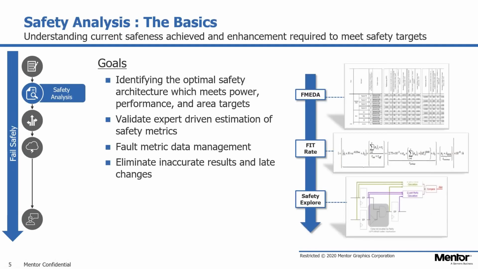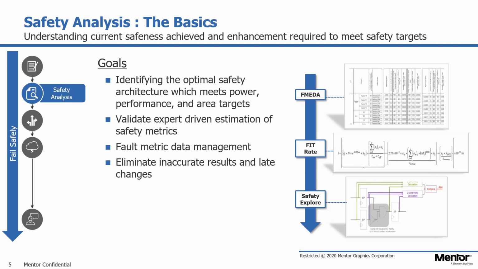Basically, the goal of any safety analysis step is to get an overview of basic metrics, and also check if the design which we intend to set up is appropriate concerning architecture, and the architecture needs to meet power and area targets.